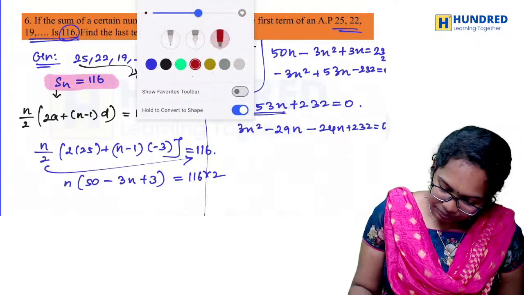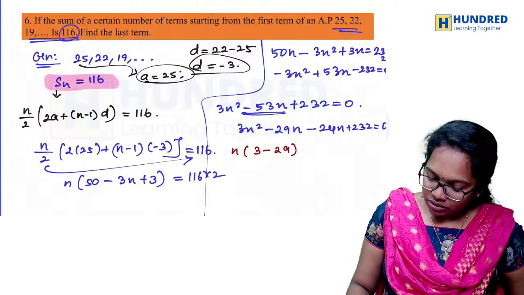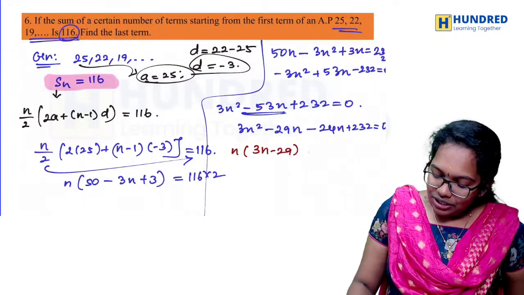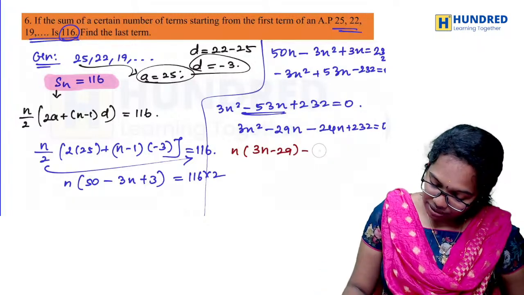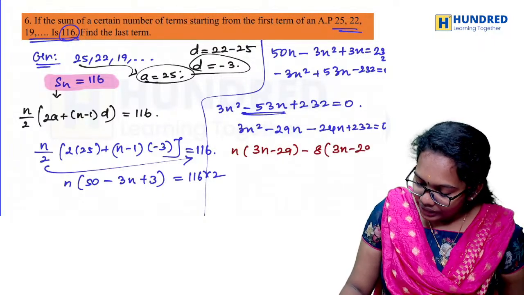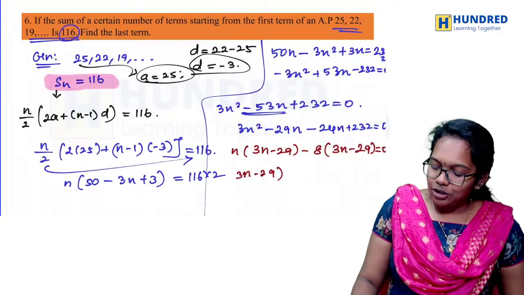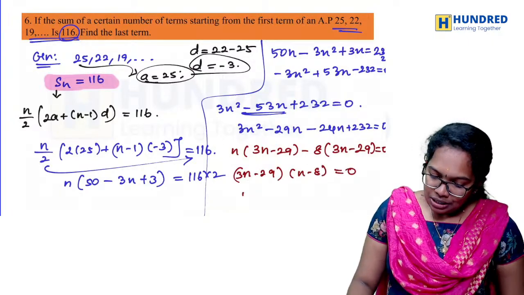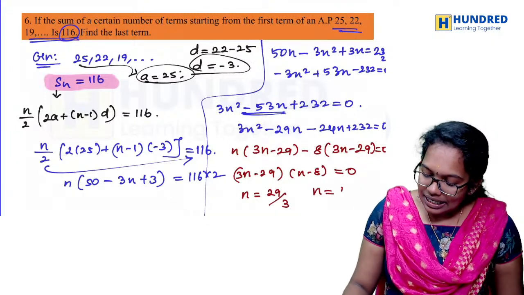When you take n as common, you will get n into 3n minus 29, and when you take minus 8 as common, you get minus 8 into 3n minus 29, which is equal to 0. Taking 3n minus 29 as common from both terms, you will get n minus 8, which is equal to 0. So from here you get n is 29 by 3 or n is equal to 8.